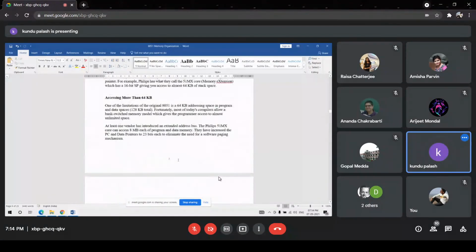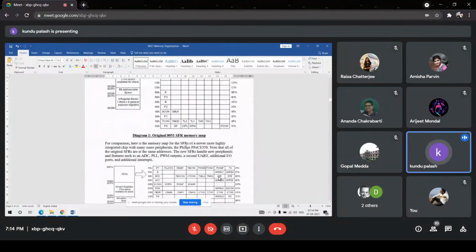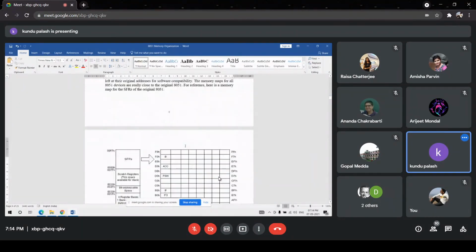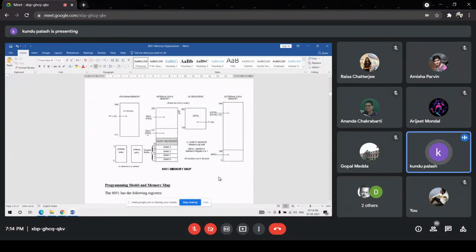So this is the internal memory organization of the 8051. The memory organization specifies the absolute address locations of the program memory as well as the data memory. Now, how can the external memory be accessed? Otherwise, on power on reset, the microprocessor will fetch the instruction from the internal memory.